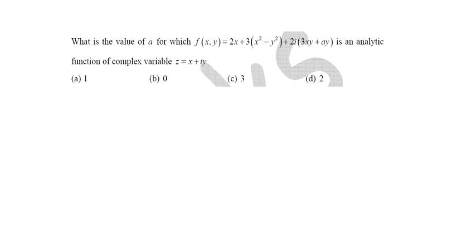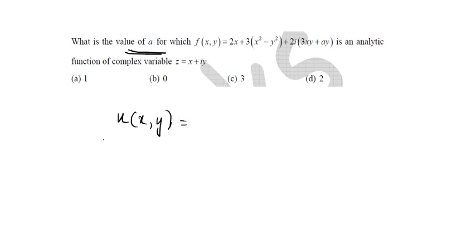And next problem, similarly, they have given the whole analytic function f of z. Real part and imaginary part are present, and they have asked the value for a. So it is an easy problem. So again, you write the real part, u of xy.